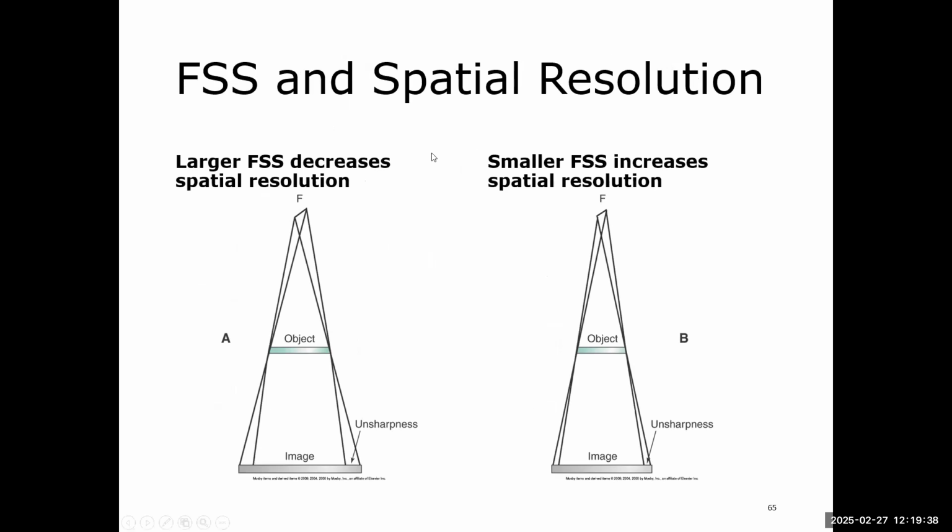So we know that we get less spatial resolution with larger focal spots, right? It improves with smaller focal spots. If our X-ray machines were a point source where there was only one spot on the anode that the photons were created, we would have perfect spatial resolution, right?